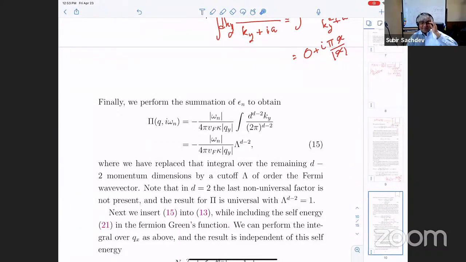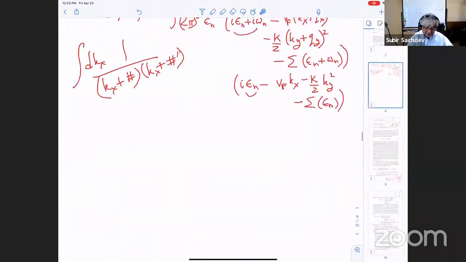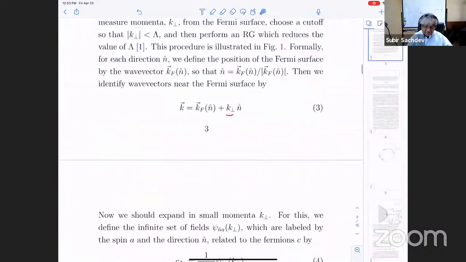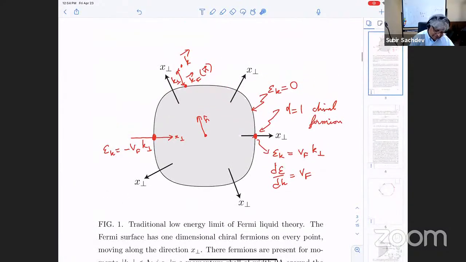Well, the point is that for any given Q, this contribution to pi of Q and omega will come from the point of the Fermi surface which is tangent to the Q. So if I had the full Fermi surface and I wanted to compute pi of Q and omega along this direction, I have to do the computation along this patch here, where that's the tangent direction.